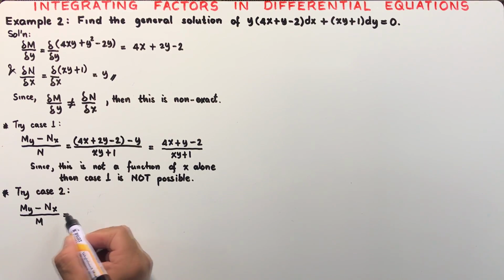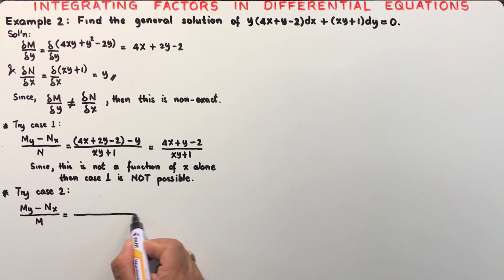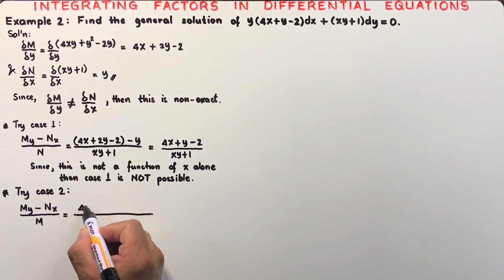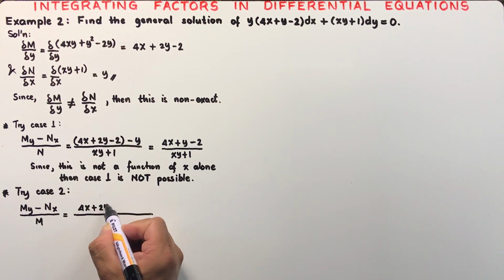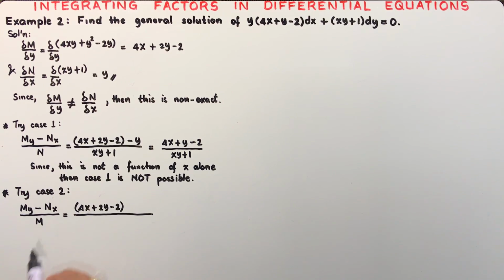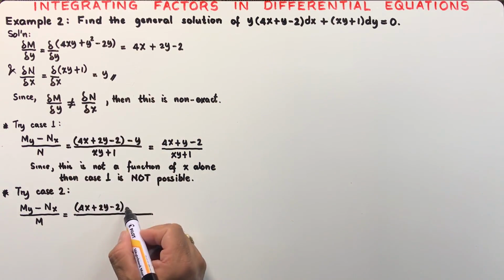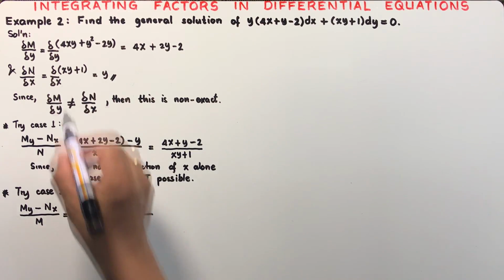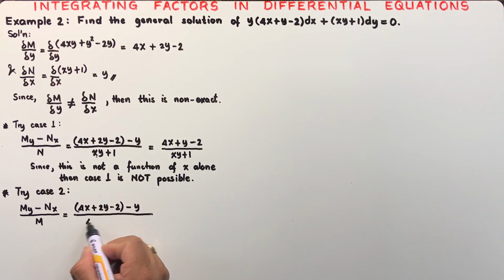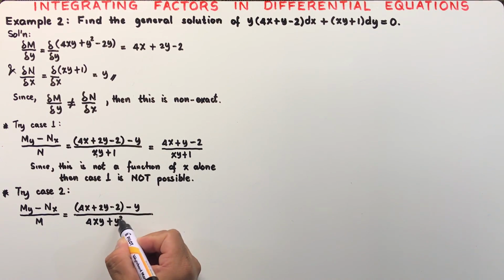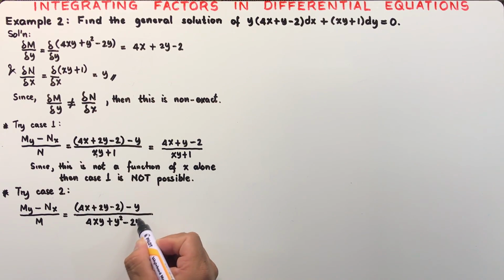And we know that our partial derivative of M with respect to y is this one here. So we have 4x plus 2y minus 2, and this will be subtracted by our partial derivative of N with respect to x, which is y, and divided by our M, which is this one, 4xy plus y squared minus 2y.